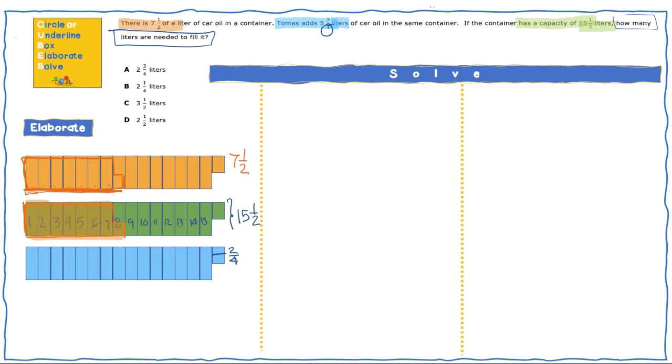Okay, and then also we need 5 wholes. So I'm gonna say this will be the 5, this will be 4, 3, 2, 1. So far I have 1, 2, 3, 4, 5 wholes and 2 fourths in here.